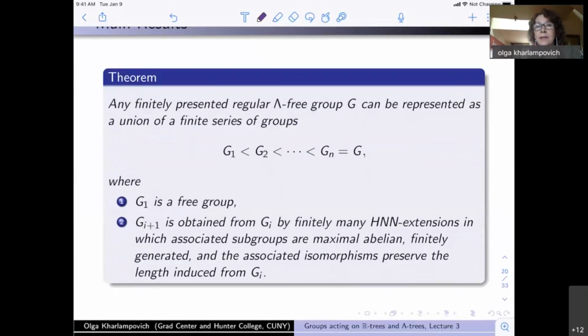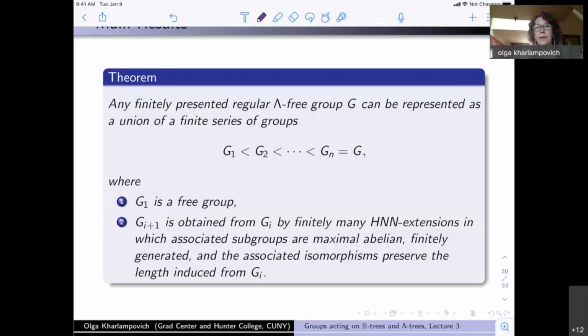Basically, it says that any finitely presented regular Lambda-free group, I won't say what it is, can be represented as a union of a finite series of groups, where G1 is a free group, and each next one is obtained from the previous one by finitely many HNN extensions in which associated subgroups are maximal abelian, finitely generated, and associated isomorphisms preserve the length induced from G_i. I was talking about length preserving isomorphisms.